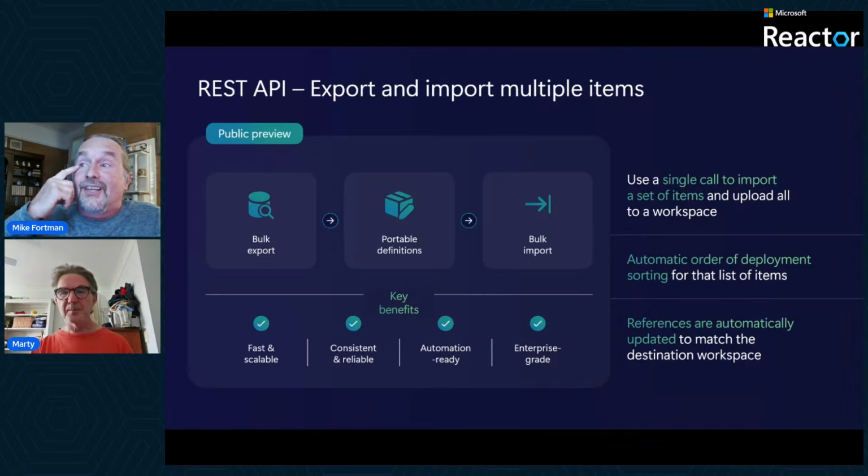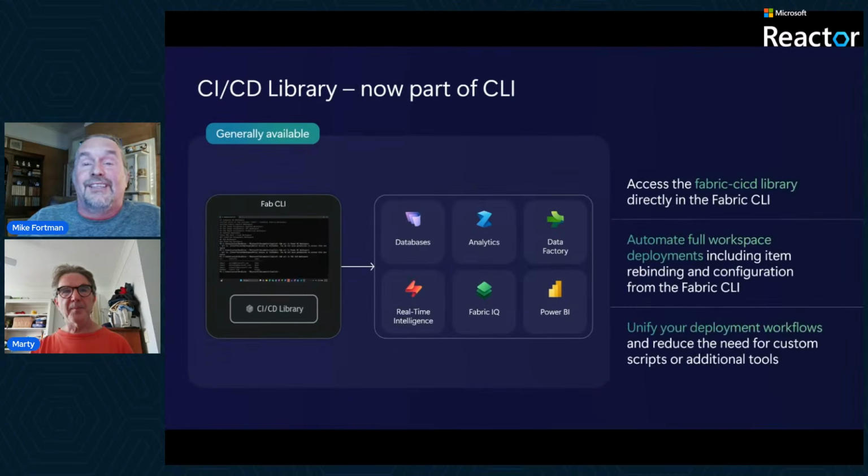If we can go on to the next slide, we'll see that they've also added a Fabric CI/CD library. This is the one I was getting to earlier. This started out as an open source project that Microsoft has now adopted and brought in-house. Still open source, but it's completely backed by Microsoft. That's a big deal.